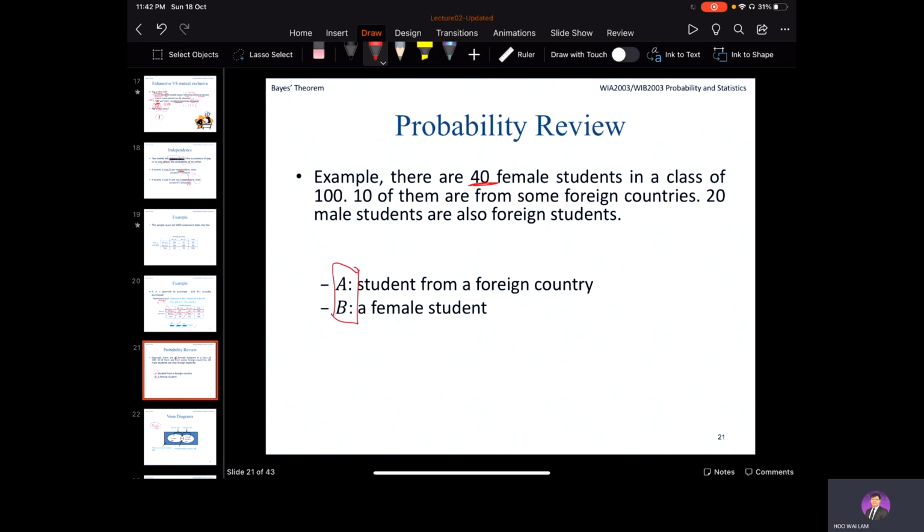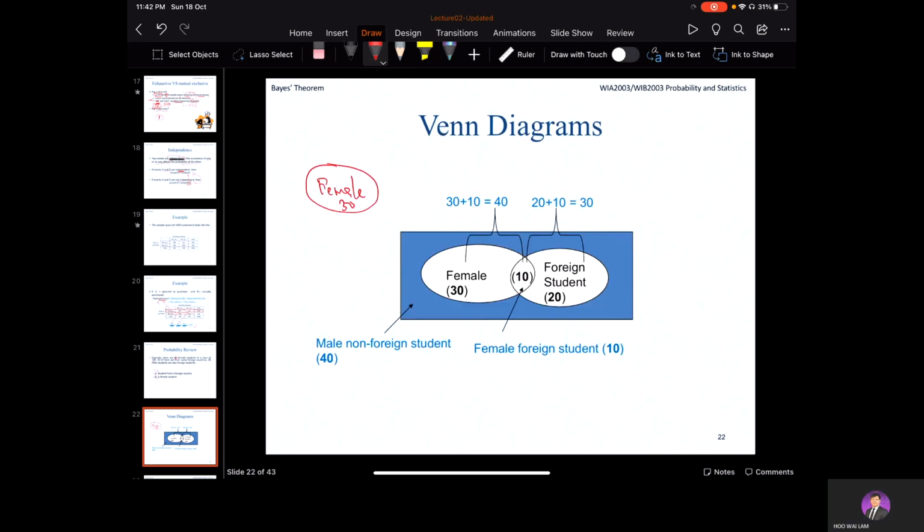And then the total is 100, but we don't have enough information yet, so we leave it there first. Sorry, 40, yeah, this one is 40. But you know that among these 40 females, there are 10 from foreign countries. So this one is 10. Maybe I try to draw it again.